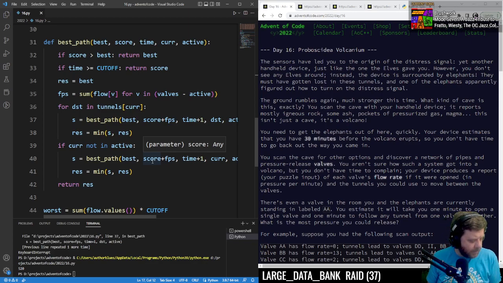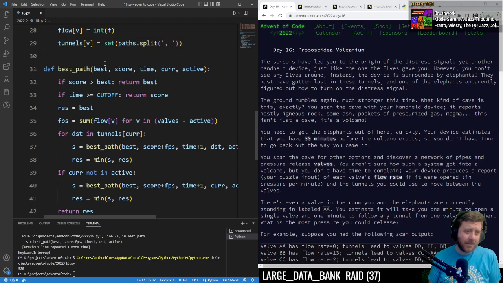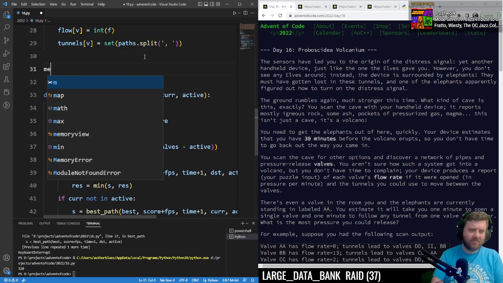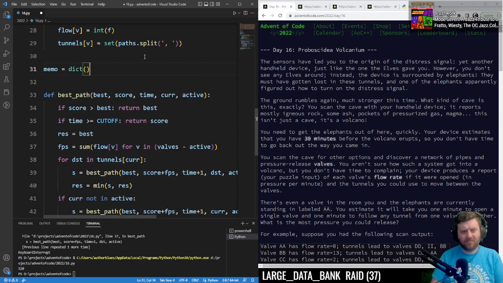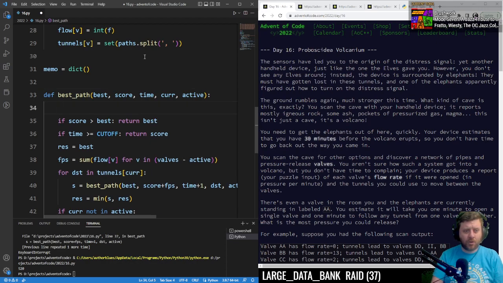Is it possible for me to find myself... Do I want to add memoization to it? Is that the fix? We're trying to release the pressure from the volcano so it doesn't blow up.